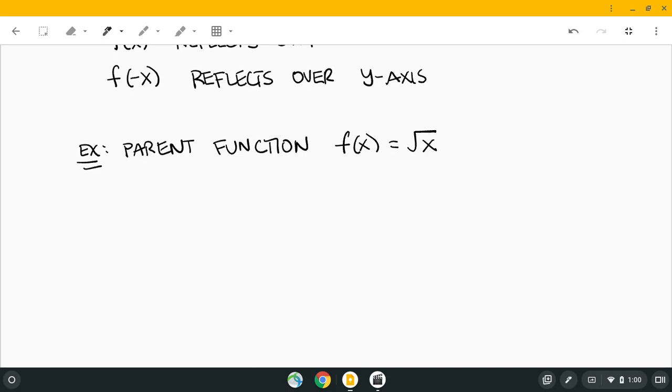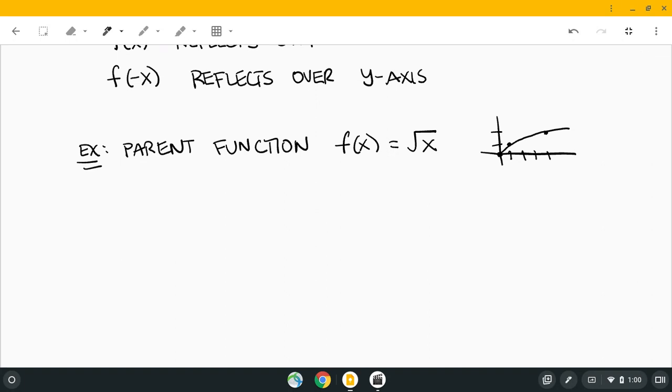If you remember, the parent function looks like this. Square root of 0 is 0. Square root of 1 is 1. Square root of 4 is 2. So this is what the parent function looks like. It's really like a sideways parabola, but only the top half.